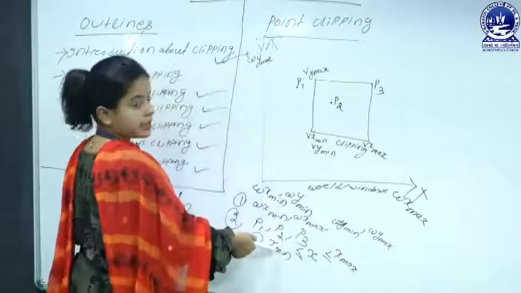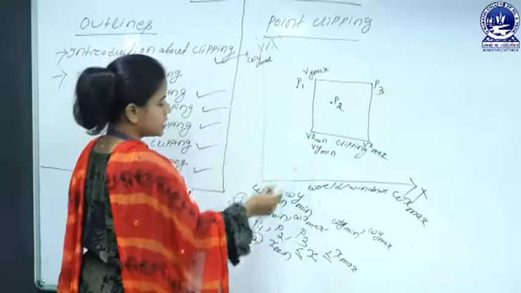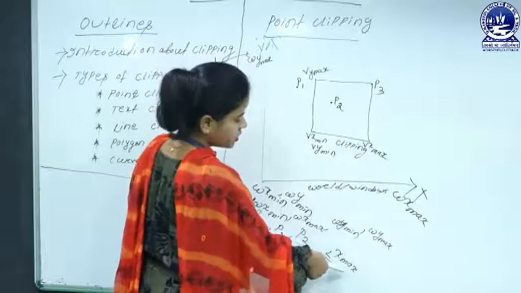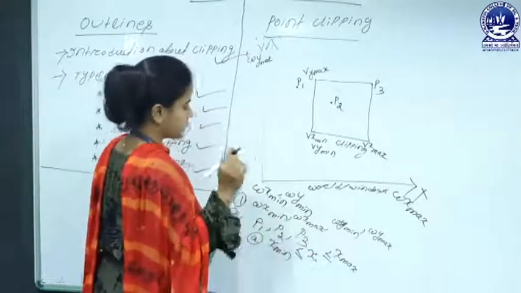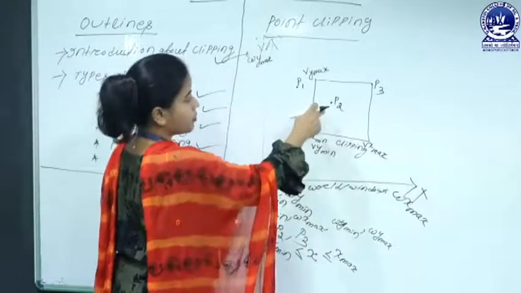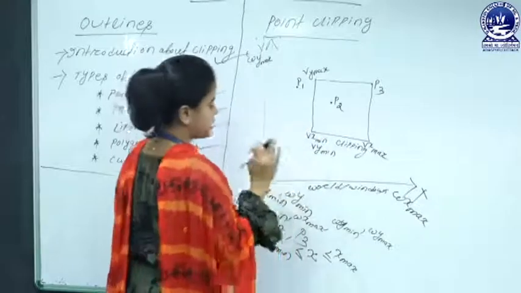That means the x minimum is the minimum coordinate of the view region, and similarly x maximum is the maximum value of the view region, and the x coordinate is the pixel coordinate value that is checked to be accepted or rejected.